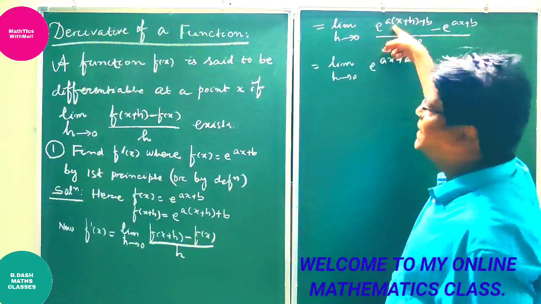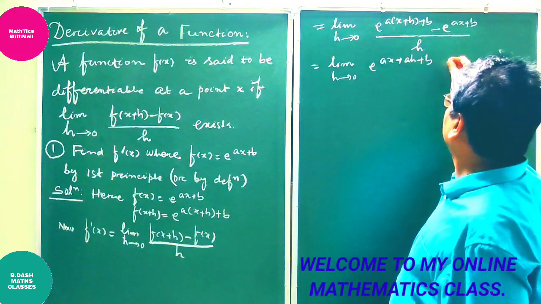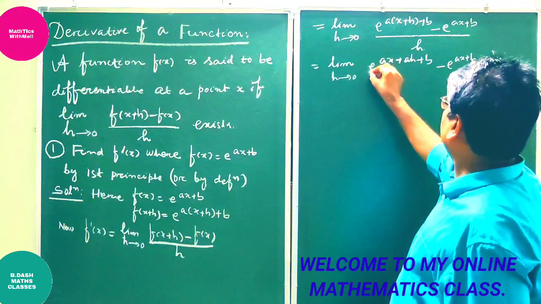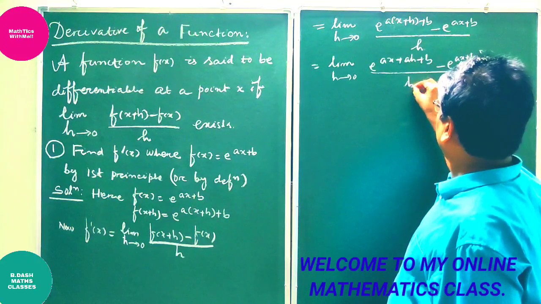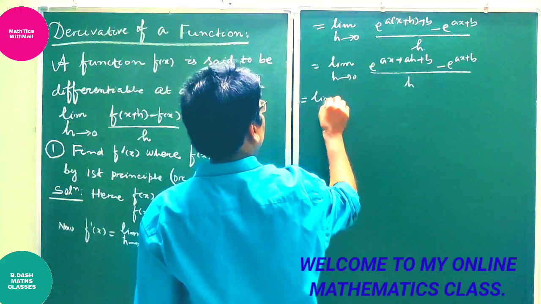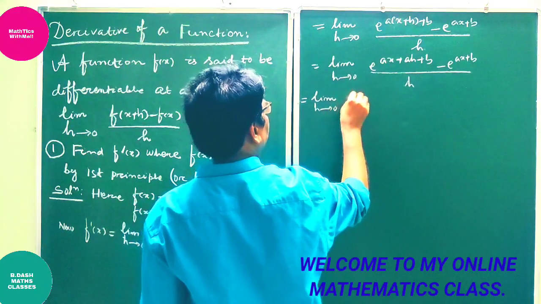We have multiplied a here with x plus h, minus e to the power a x plus b divided by h.